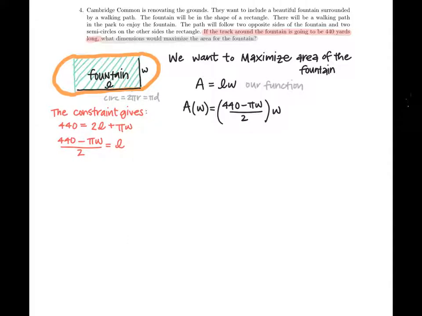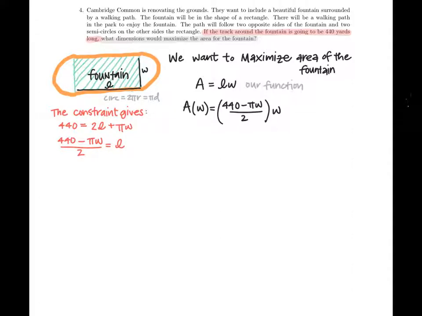Before we move on to step 2, we do need to figure out what the domain of this function is that's relevant to our problem. Remember, the domain is what values can W take on? What are the allowable inputs here? If you encountered this function outside the context of this problem and didn't know that W had some real world significance, you'd say W could be negative, it could be 0, it could be positive.